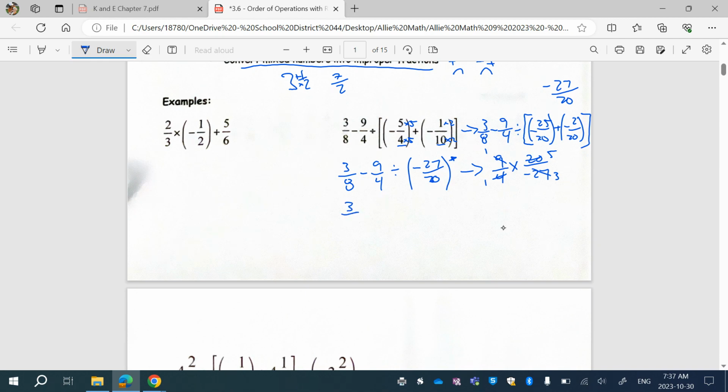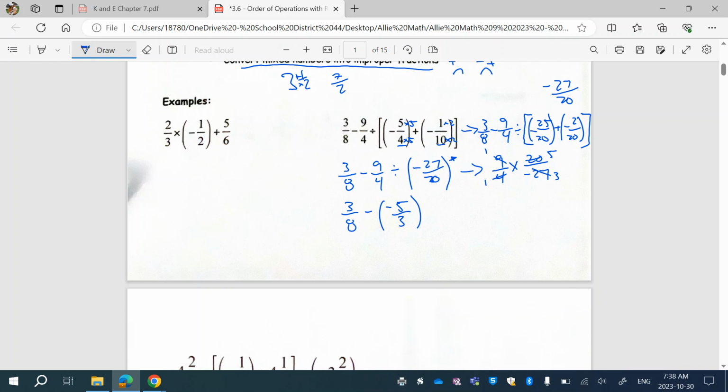So I'm going to rewrite this down over here. We've got 3 over 8, subtract, and then I'm going to move our negative back up to the top, negative 5 over 3. We need the same number on the bottom to be able to subtract these. So let's see.